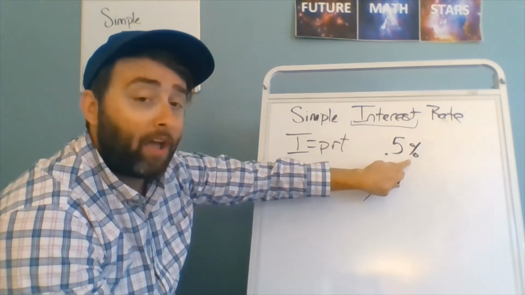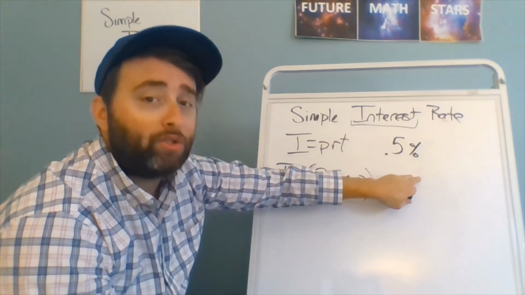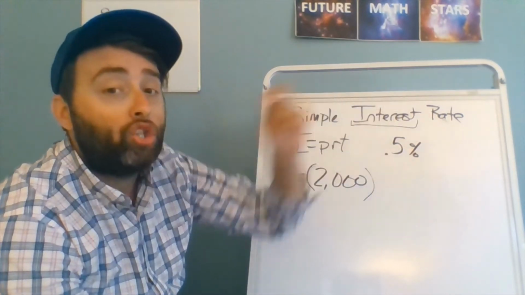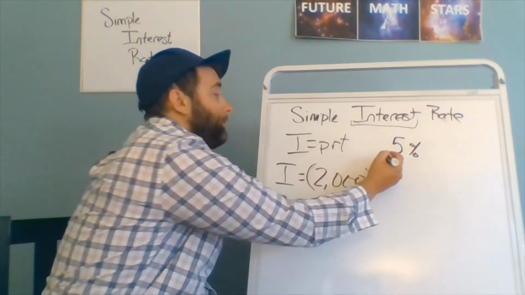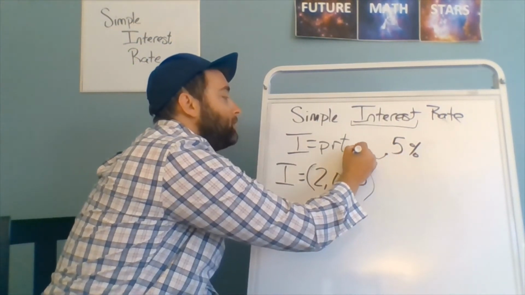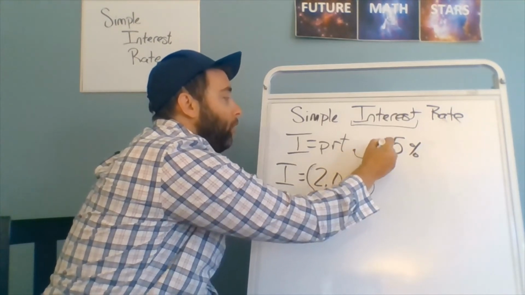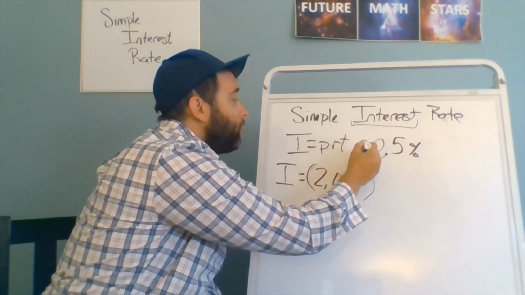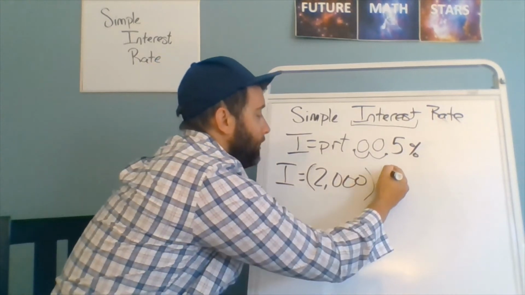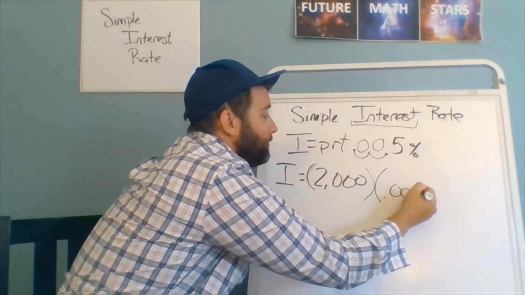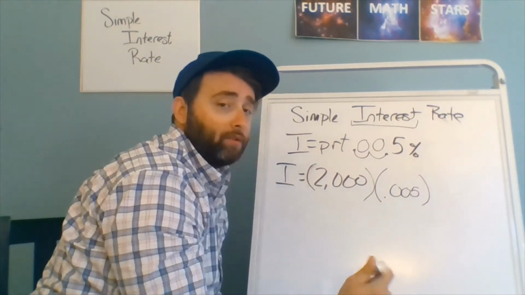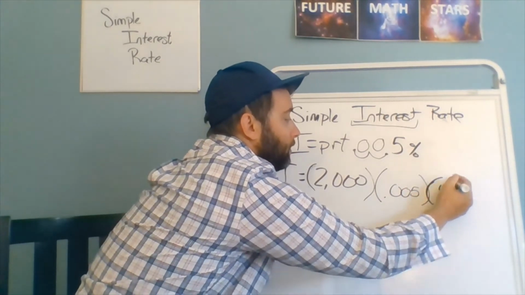This is 0.5%. It is still a percent. You still have to convert from the percent to a decimal, and you do that by sliding the decimal over 2 times. I've created a hole, fill it with a 0. Created another hole, fill it with a 0. 0.005.